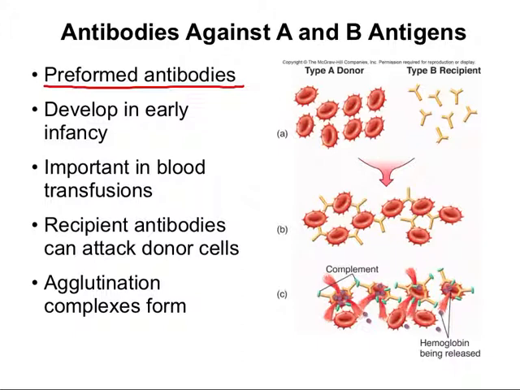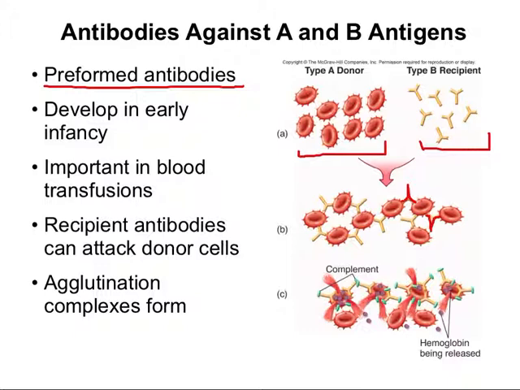So here we have a type A donor, and these red blood cells, just the cells, have been donated to a type B recipient who has antibodies to type A blood. This is a situation that's going to turn out badly, because these antibodies are going to bind to the antigens on the cell surface of the red blood cells, and they're going to cause the red blood cells to clump or agglutinate.